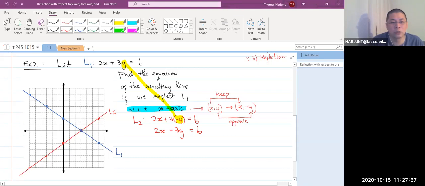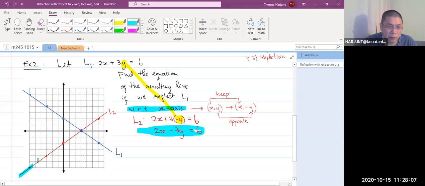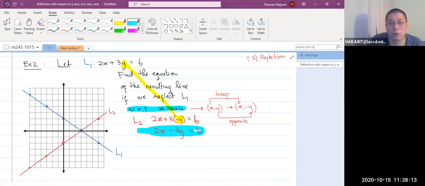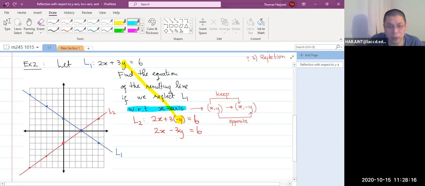You will see that the equation of this line 2, by algebra, this equation here has this graph here. In other words, our algebraic work confirms our geometric or graphic intuition.